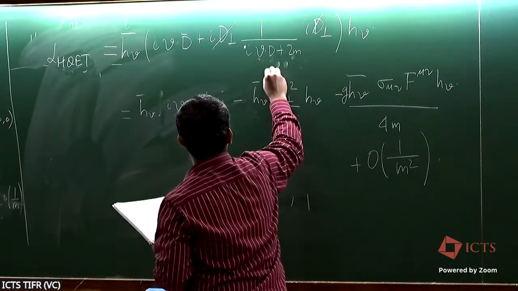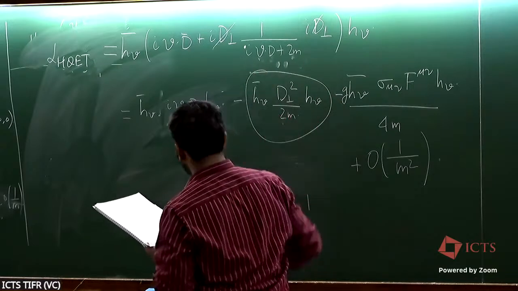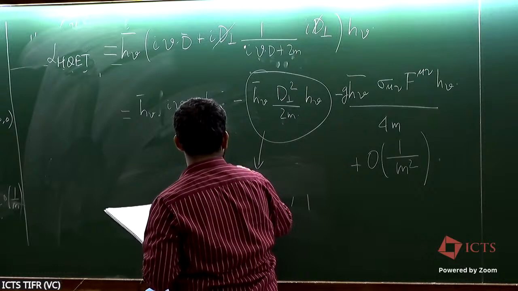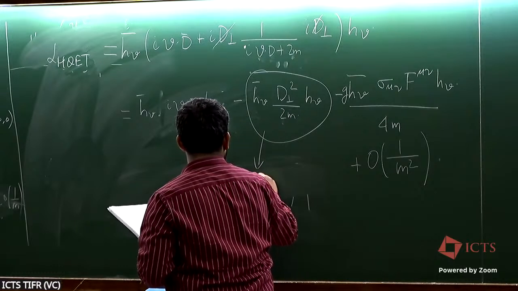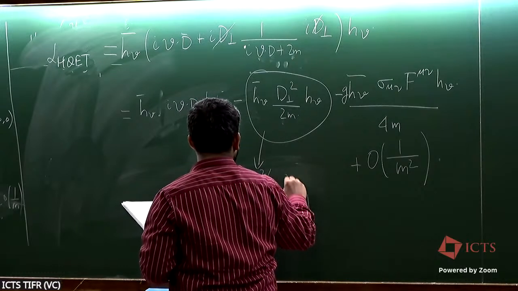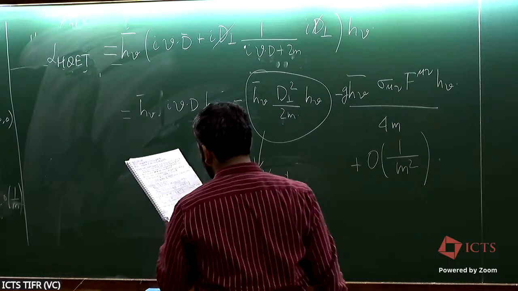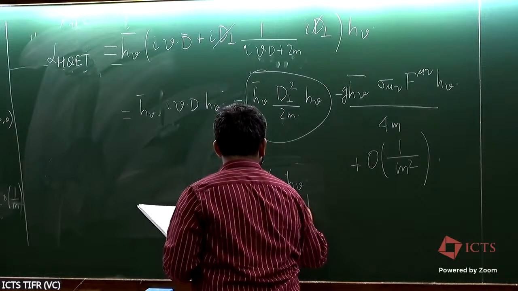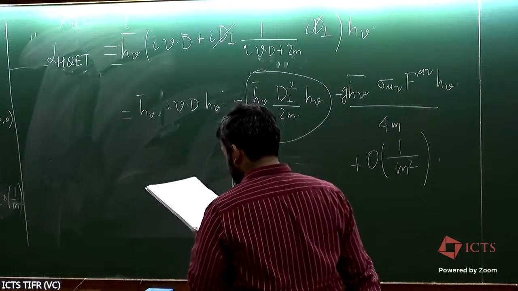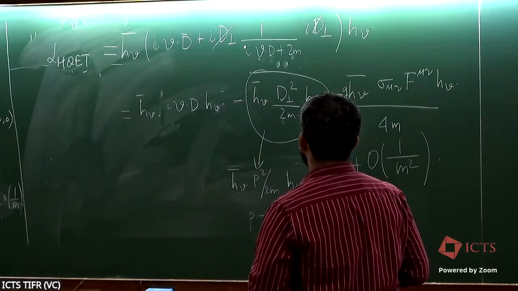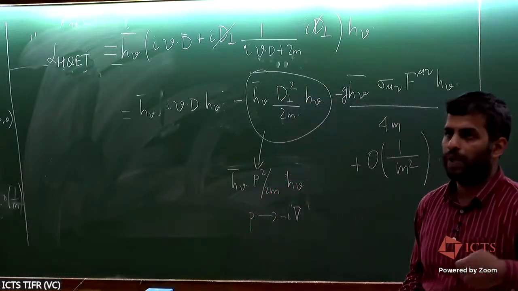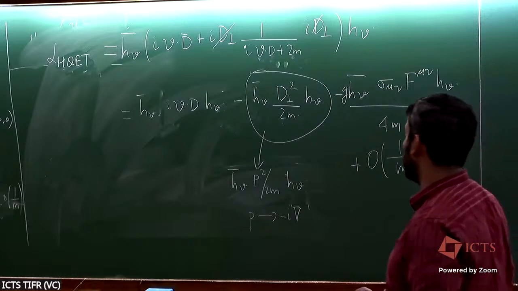So this term is analogous to a term which corresponds to HV bar p square over 2m HV. Okay, if I identify my p with minus i del, this basically accounts for the heavy quark recoil from the interactions with the soft gluon.